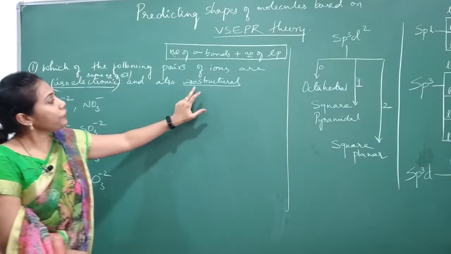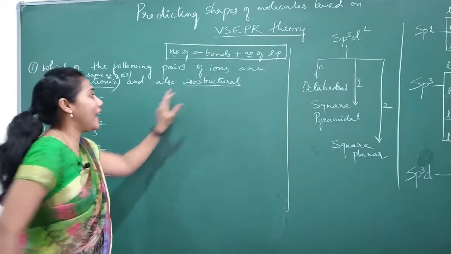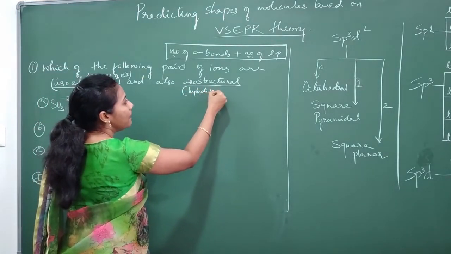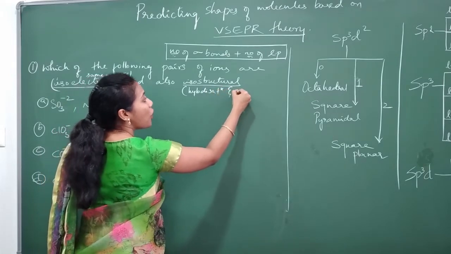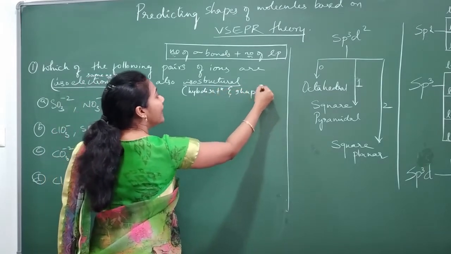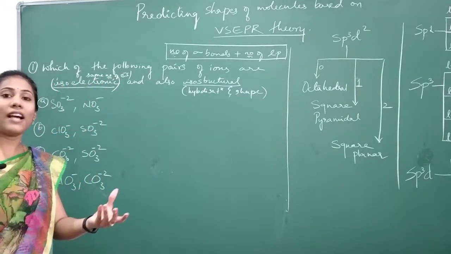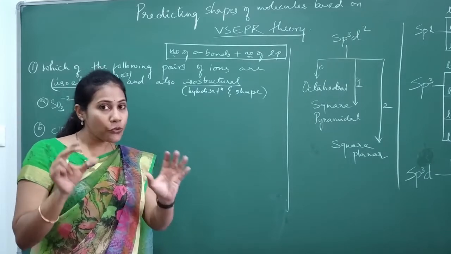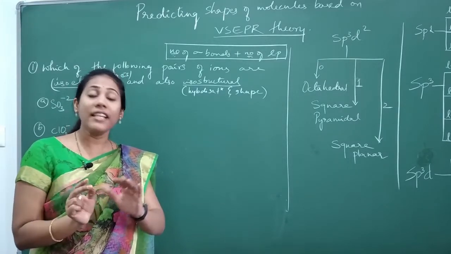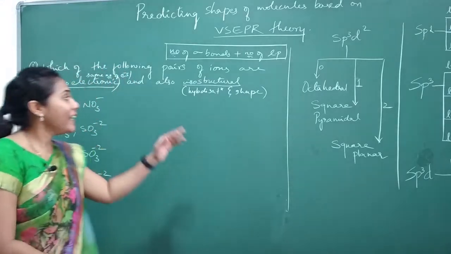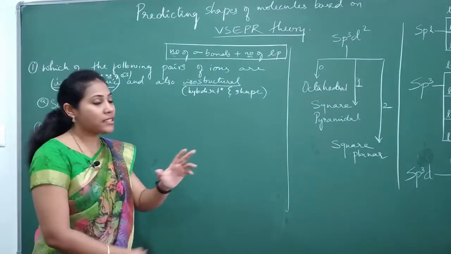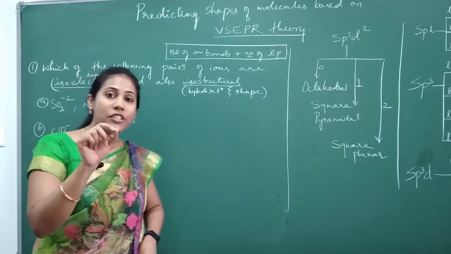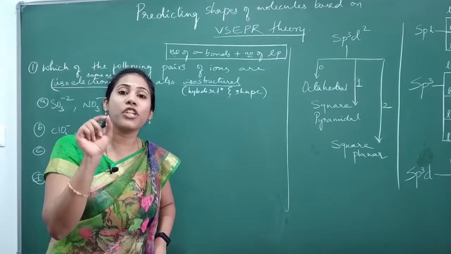And if the molecules or ions have the same hybridization and geometry, that is shape, then we call those molecules isostructural in nature. So isoelectronic means two ions or molecules having the same number of electrons, and isostructural means the molecules or ions have the same hybridization as well as the same shape.